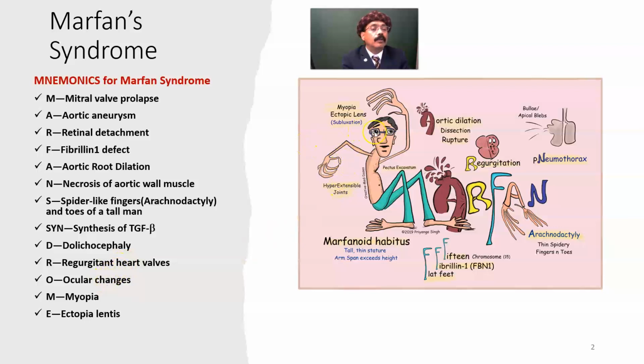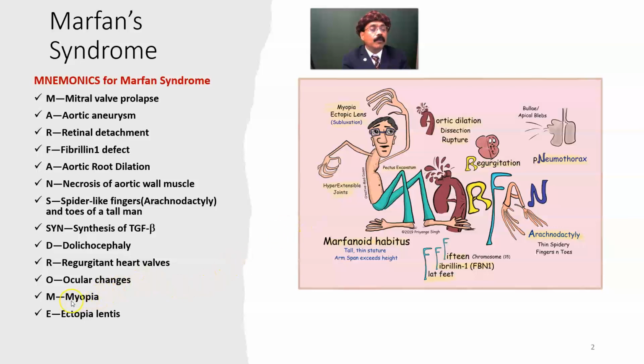There will be ectopia lentis, where the lens may be subluxated, retinal detachment, and drooping of the eyelid is also possible, as well as drooping of the eyebrow. So there are many ocular changes, and subluxation or dislocation of the lens is usually bilateral.